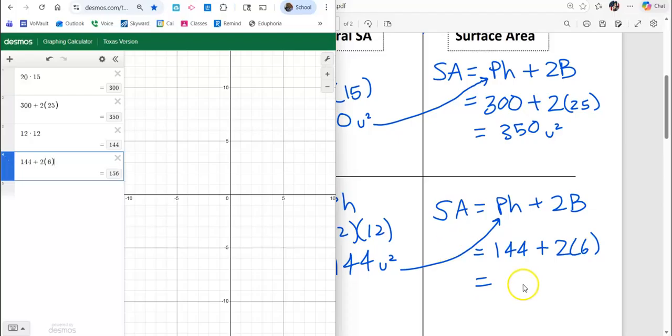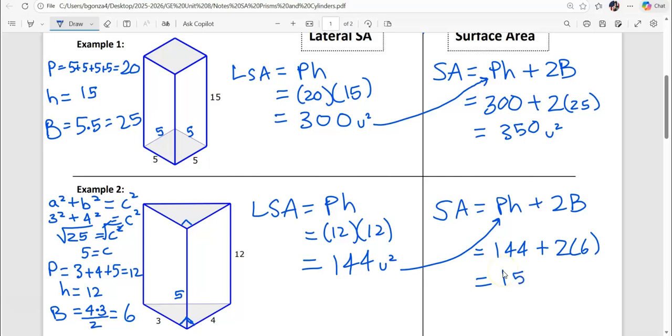That gives us 156 when we plug it into Desmos, units squared. Make sure you've got all this down, okay? So far, so good, hopefully.